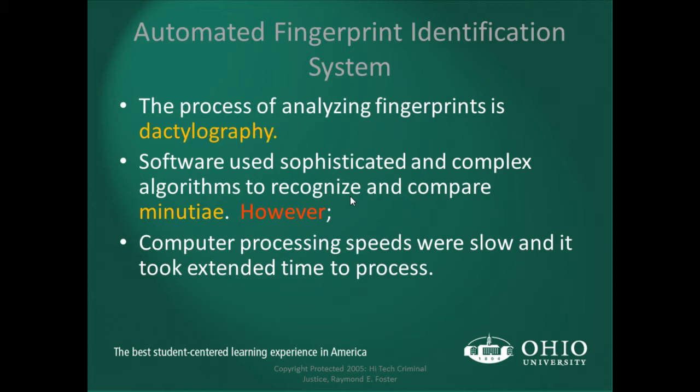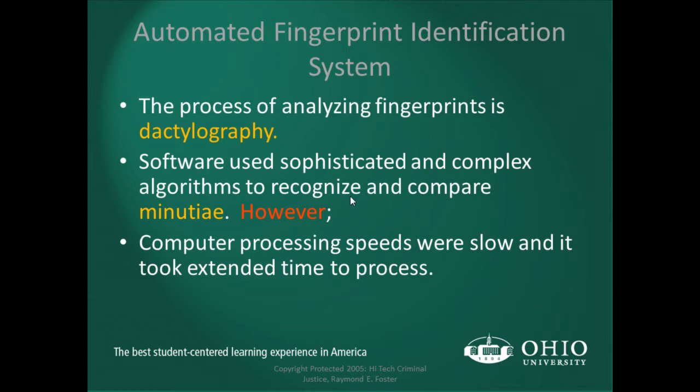AFIS, the Automated Fingerprint Identification System. The process of analyzing fingerprints is called dactylography. The software used to analyze them uses very complex algorithms, used to compare the minutiae in the spaces in the fingerprints.